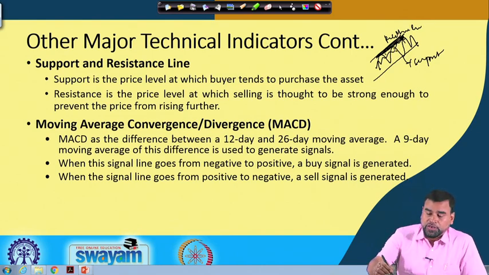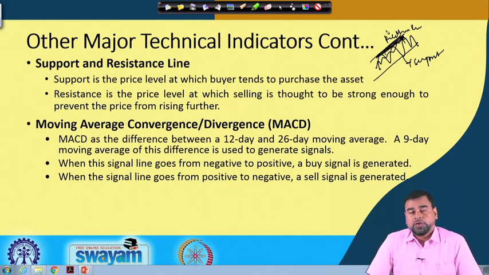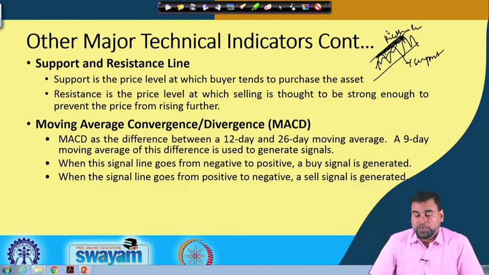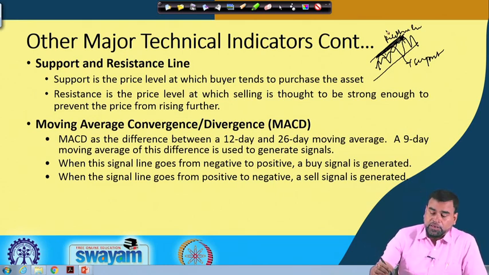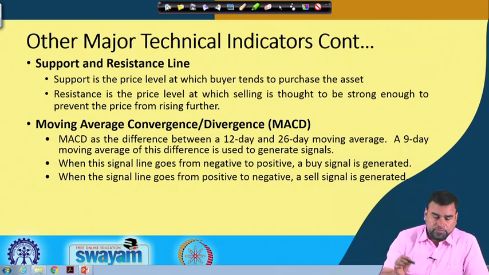But the resistance line can also be broken. If it is broken a majority of the times, then a new resistance line can be created for that particular stock or asset. That is why the trend line is quite important, as it always helps us draw the support line and resistance line in the market.